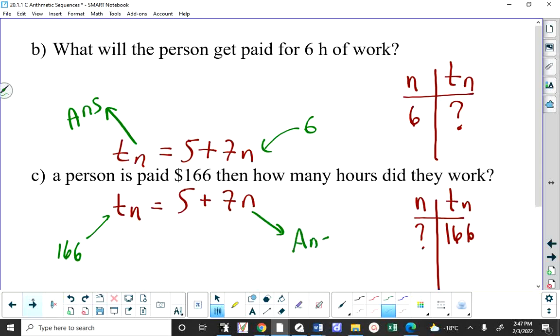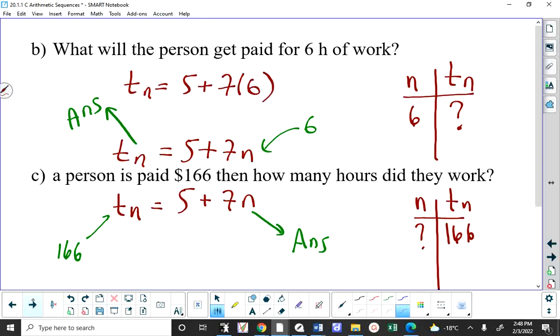And no matter how you cut it, solving this equation for one of the variables when you know the other is grade 9 math at best. Like maybe it's even grade 8 math or 7. This equation becomes Tn equals 5 plus 7 times 6.